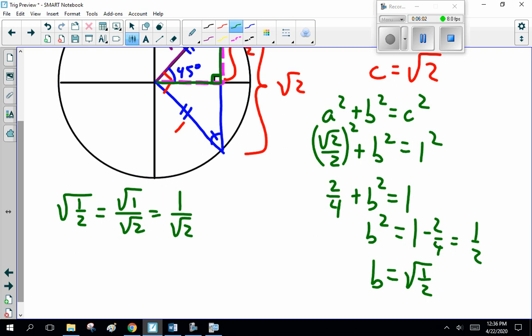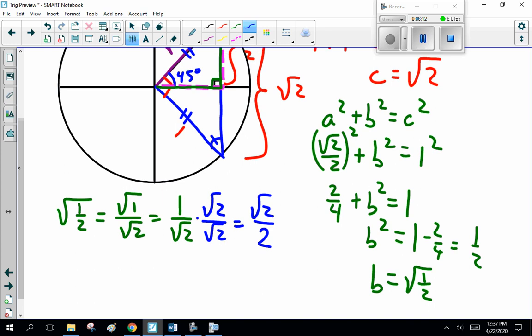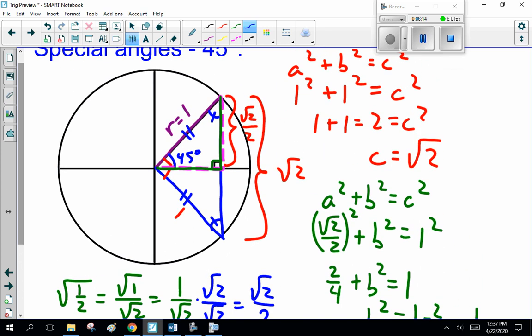Now that we have electronic calculators, this doesn't really matter, but how do you rationalize the denominator? Multiply top and bottom by square root of 2. So our adjacent side is also square root of 2 over 2. Right. Now, by the way, what is square root 2 over 2 on your calculator?